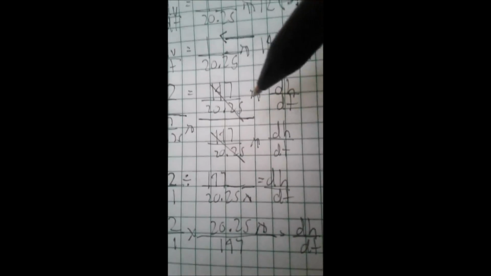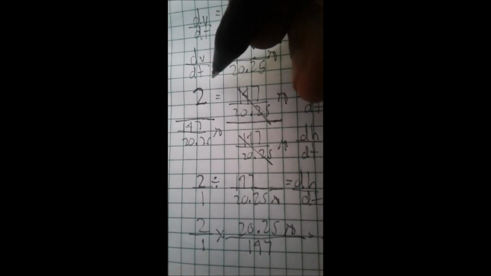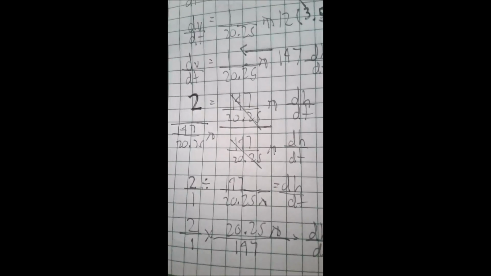147 over 20.25 is because we were able to multiply. Given that 147 over 20.25, we move on to the left side of the equation right here, which is, you see, the number 2. dv over dt is just a representation of the rate of the water that decreases when it is being drained.